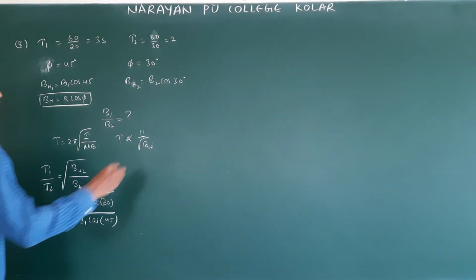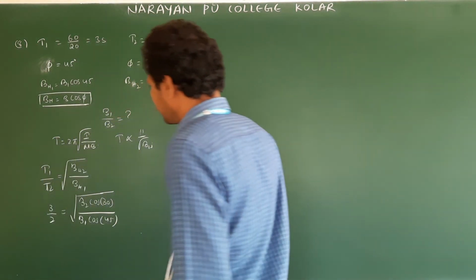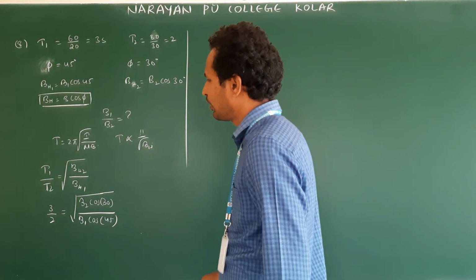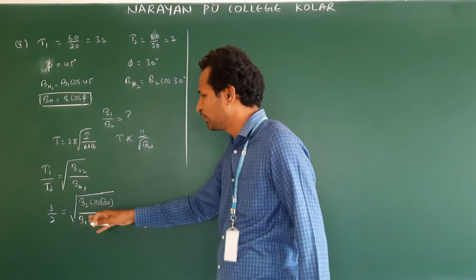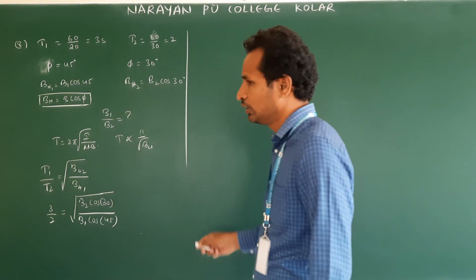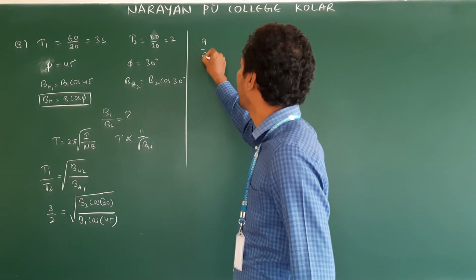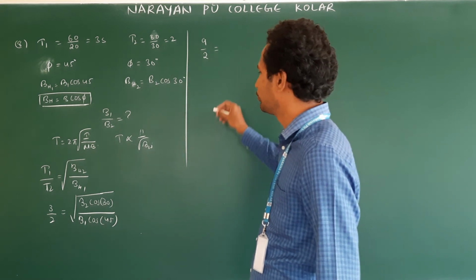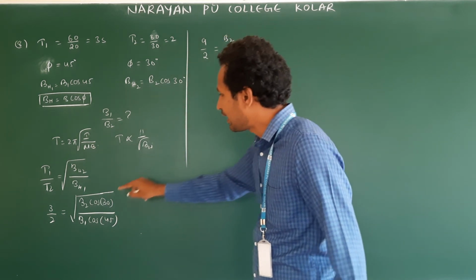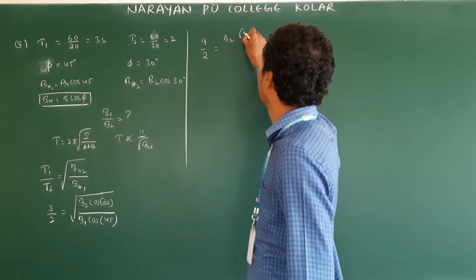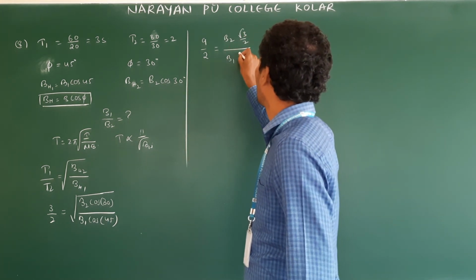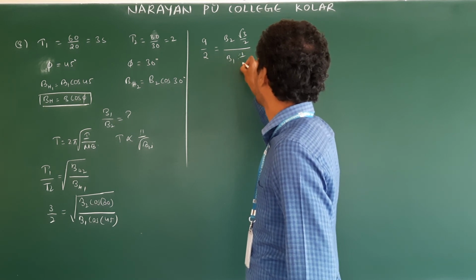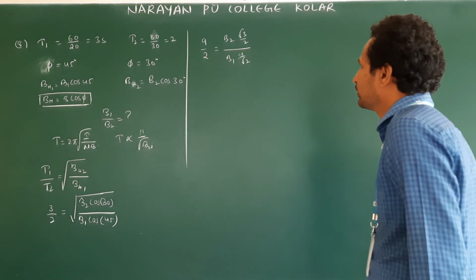We considered B1 by B2, but we will try to find B2 by B1, then make it B1 by B2. Squaring on both sides, 9 by 2 is equal to B2. What is cos 30? Cos 30 is root 3 by 2, by cos 45, 1 by root 2. Am I correct?